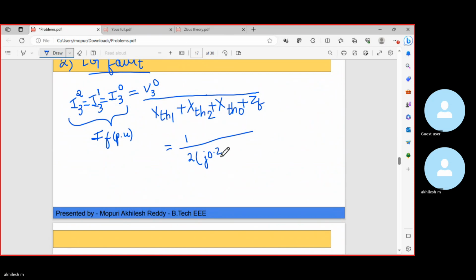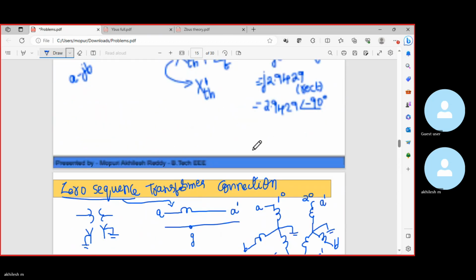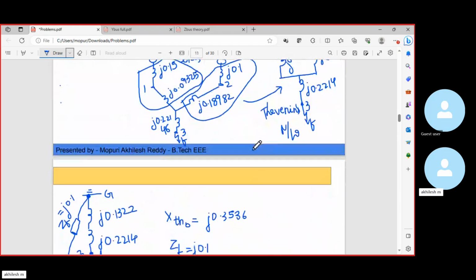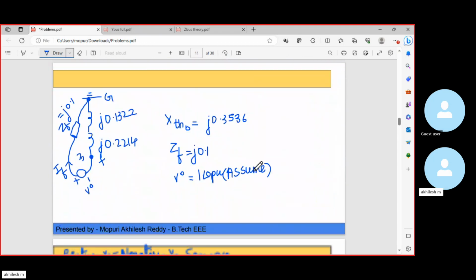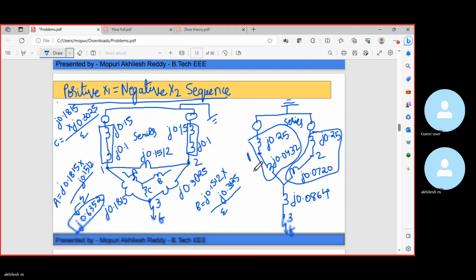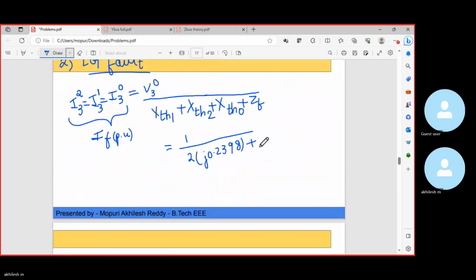And for zero sequence, we have just now updated the Thevenin's equivalent impedance, that is J0.3536, plus J0.1, that is ZF. Find this value.